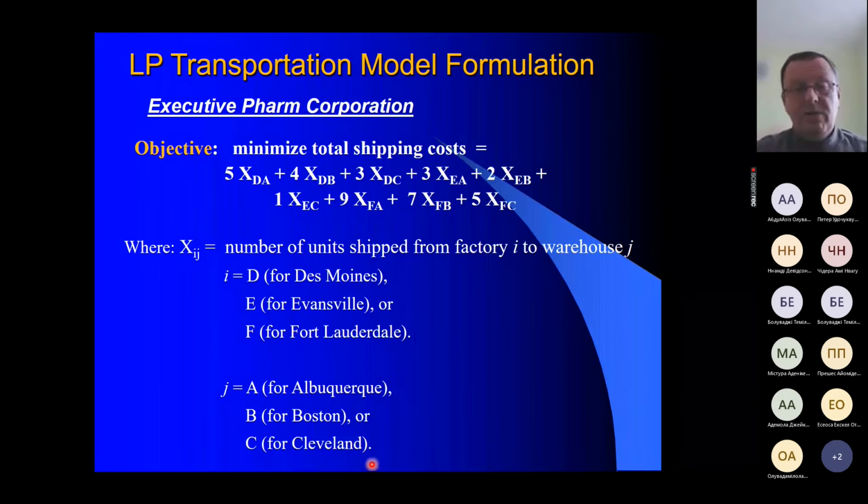Mathematically, our objective function is given here at the top, when we want to minimize total shipping cost from our source points to our destination points, and this could be represented in this manner. Here x is the number of units to be supplied from the i-th factory to the j-th warehouse or drugstore or so. Here we have how they are labeled. The objective function contains all possible combinations. We don't know at the beginning which one will be optimal.